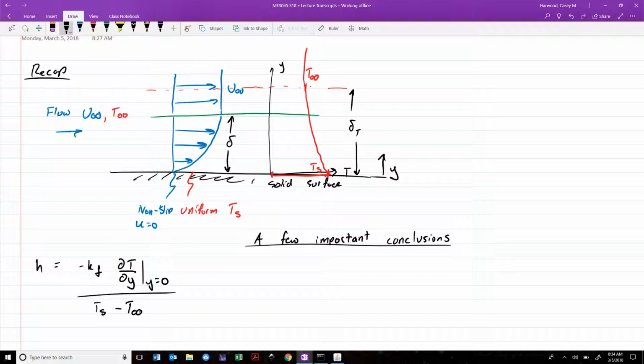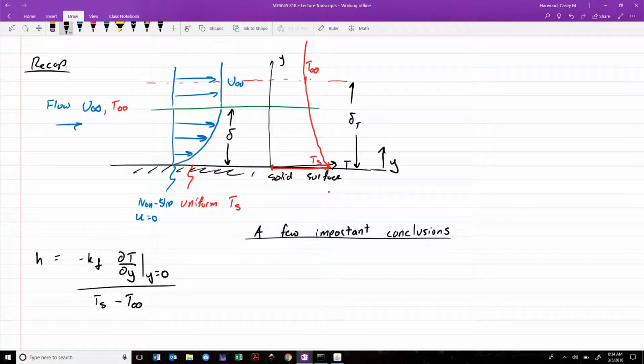First, we said that delta and delta T, well, this isn't really a conclusion. This is leading to one of these conclusions. Both delta and delta T tend to increase as the flow progresses along a surface. So boundary layers grow thicker as they move along an object. They increase as x increases.